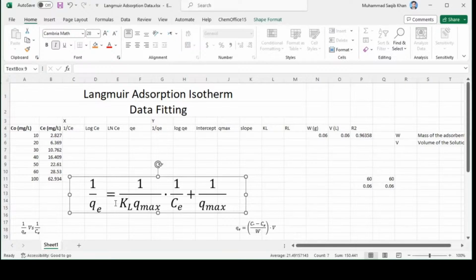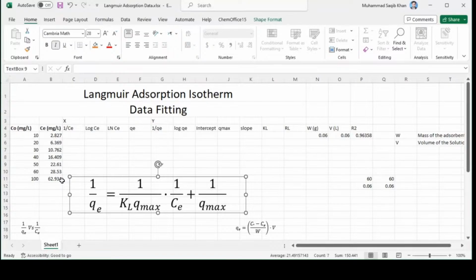On the basis of R square value, the same model data we will put in other adsorption isotherms, and we will see where is the best fitting. The best fitting will be determined on the basis of R square value, where we have the R square value closer to 1. So in Langmuir adsorption isotherm, we will plot the graph between 1 over QE versus 1 over CE.